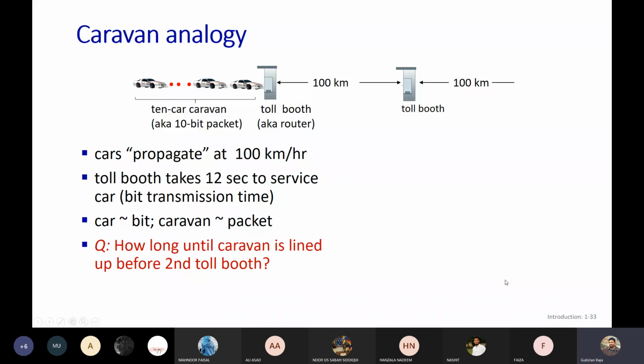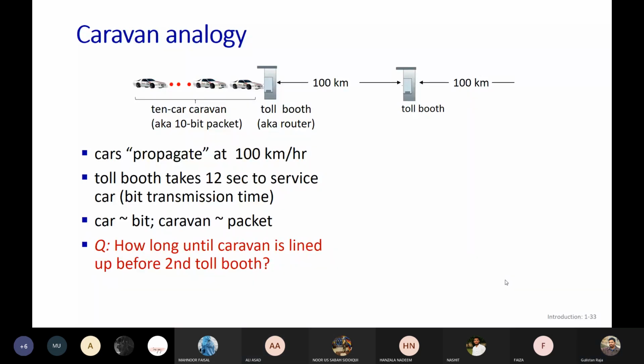Now can you calculate? Sir, 1 hour and 2 minutes.